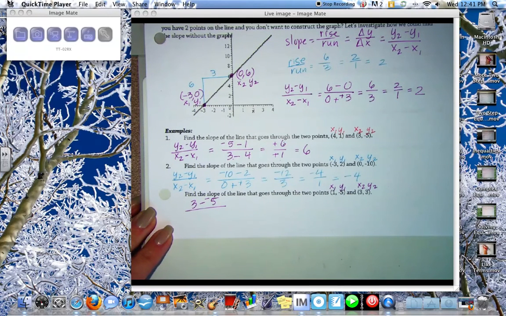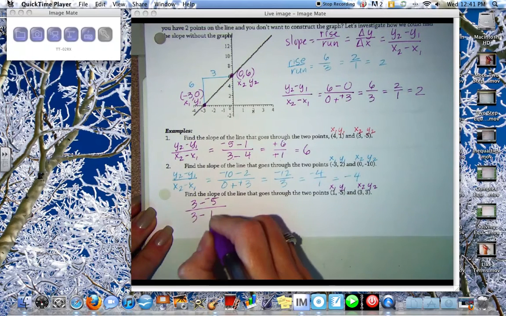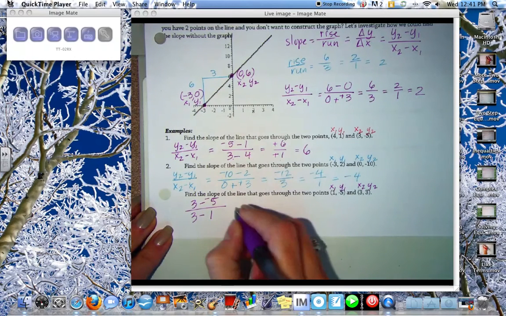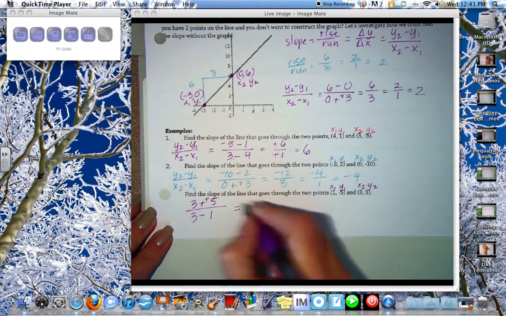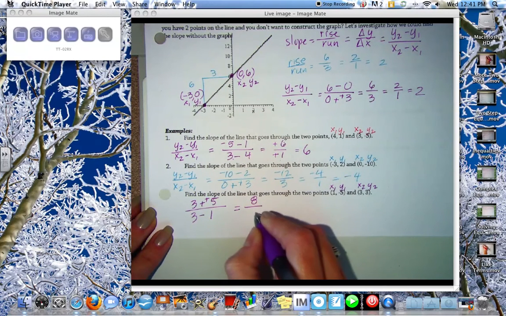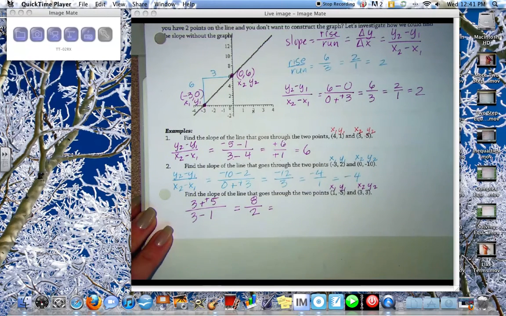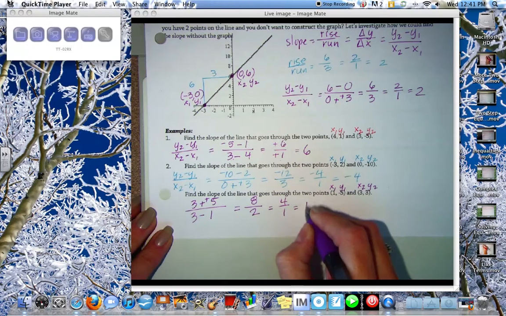What's my x2 value? Minus 1. So what do I have on top? 2 negatives, so 3 plus 5 gives me 8 over 2, which reduces to 4.